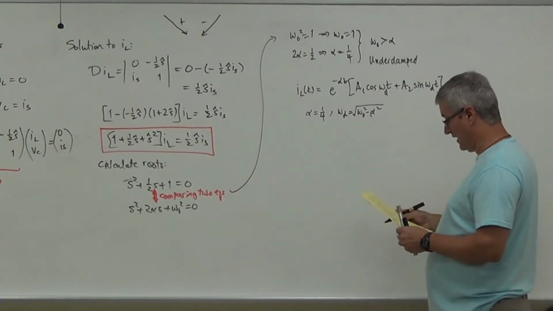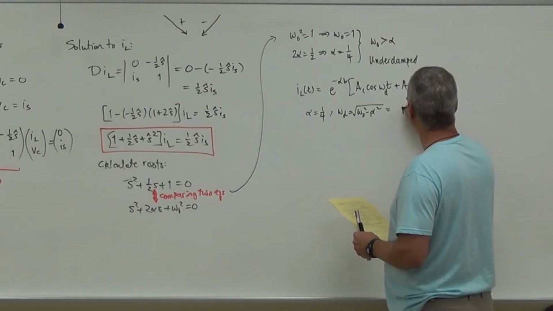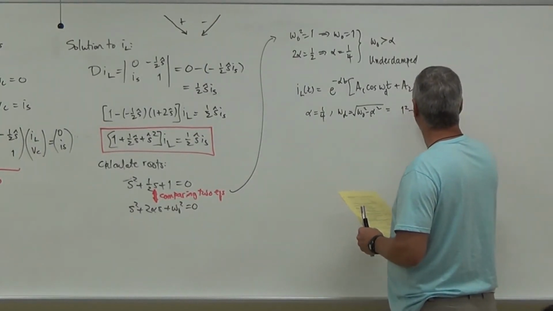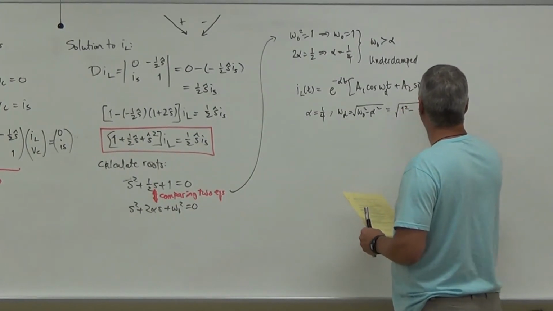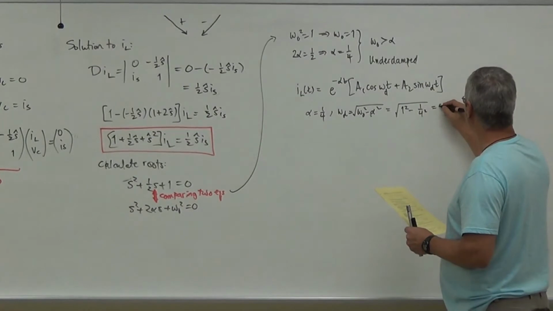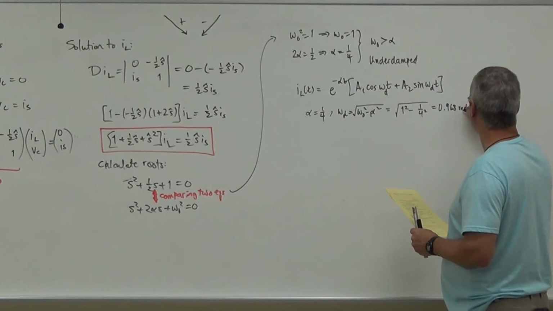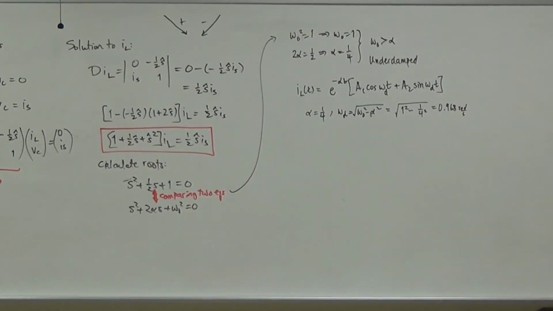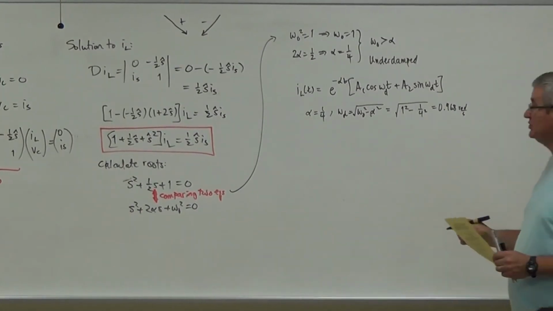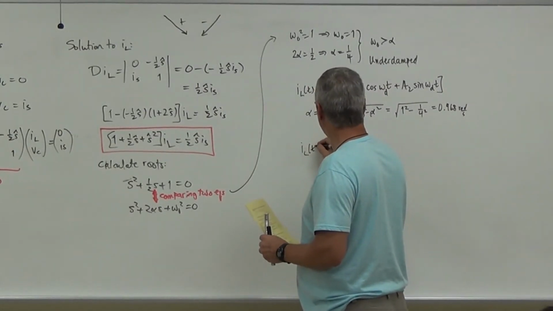So if I plug this in here, what I'm going to get is the square root of 1 squared minus 1/4 squared. So this is not a pretty number. When you calculate this number, I get 0.968, and this is in radians per second. So now I got omega d, so what's my solution look like? Well, it should be IL of t.